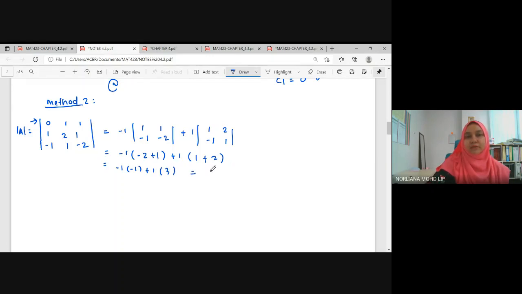Okay, dapat 4 kan? 4 is not equal to 0. Therefore, B is linearly independent.